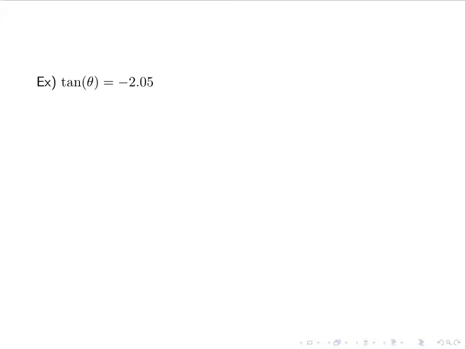Okay, so let's try another one. Tangent of theta is negative 2.05. First thing I'll do is hit my number with tan inverse. This is going to give me a negative answer. Remember, tan inverse and sine inverse will give you numbers between negative 90 and positive 90. The first thing we have to do here is change our negative angle into a positive one.